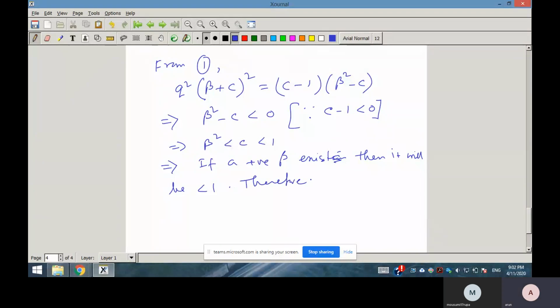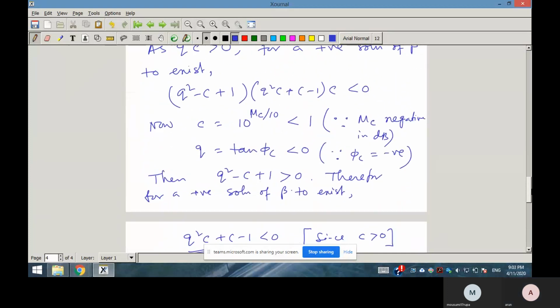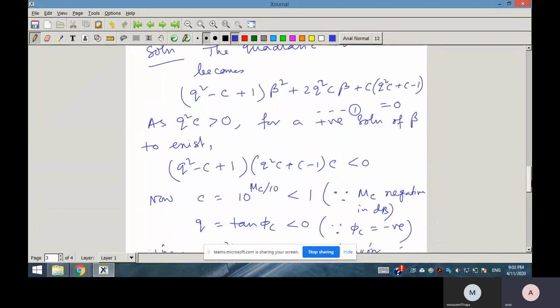So you need not bother about whether beta less than 1 exists or not, because a positive beta existing means it will be less than 1. So less than 1 is inherited from the quadratic equation, equation 1.